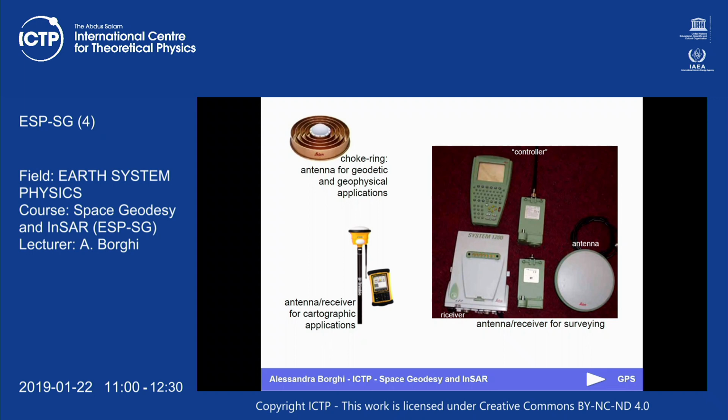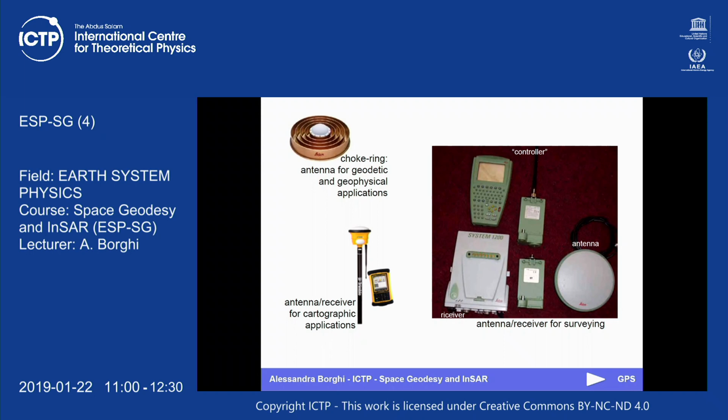These are types of instruments used for cartographic, but also geological work. Some of you are geologists, and when you perform some surveying, you can use a GPS to record the information that you are collecting in the field.